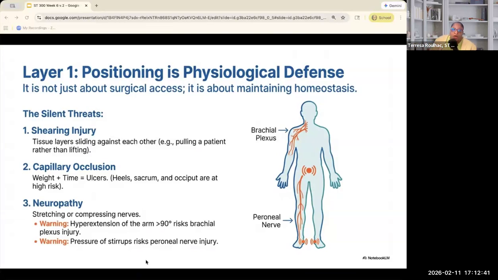Okay. Now, in the operating room, positioning injuries often come from sliding tissue instead of lifting. Prolonged pressure, like that Mayo stand over the shin, because of the bony prominence, overstretching, or even compressing down on nerves.